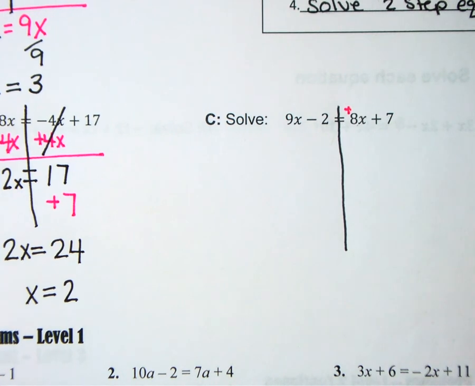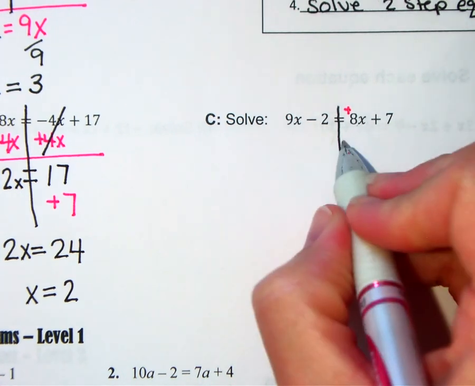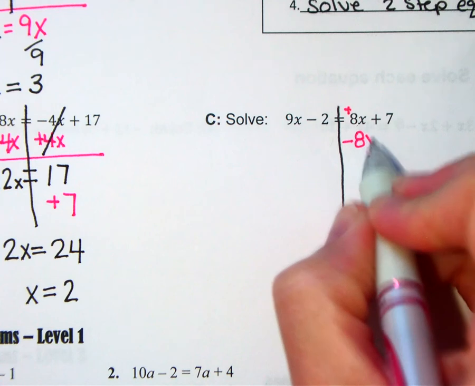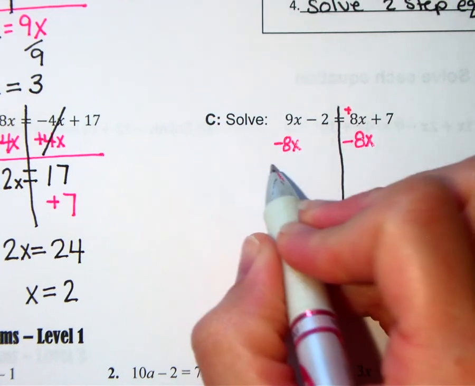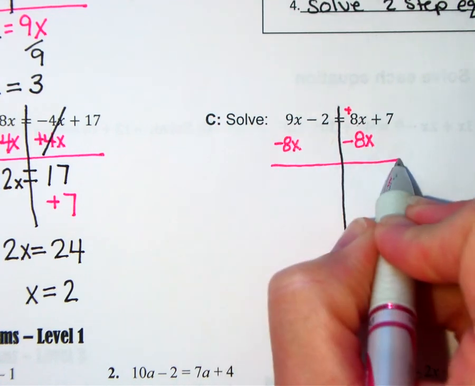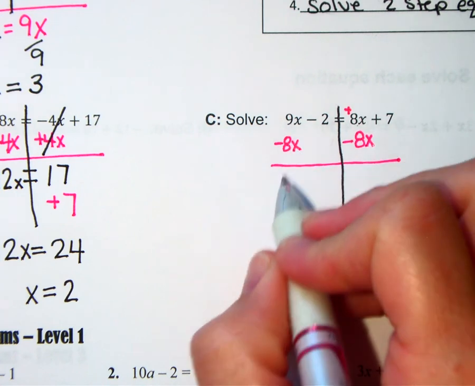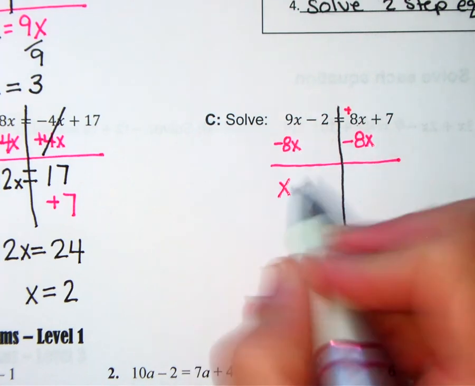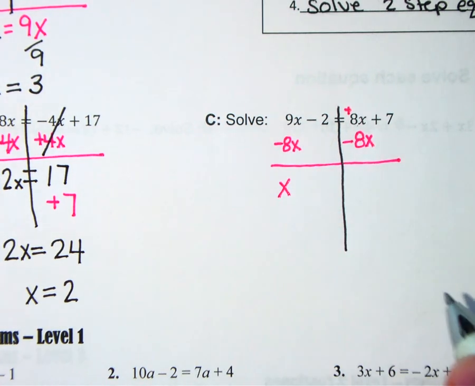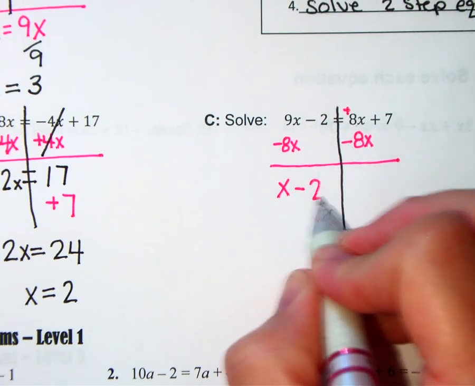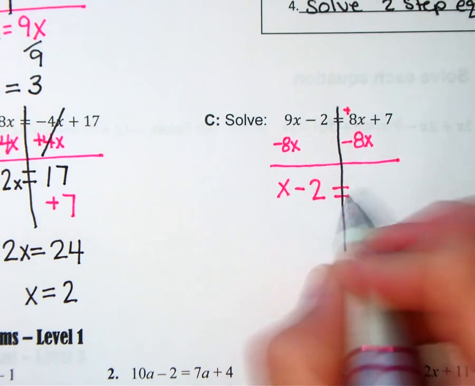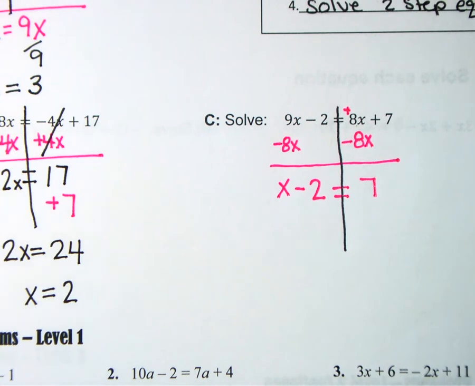So the opposite of positive 8x is minus 8x. So I've got 1x, which you actually don't have to put the 1 on the front there. 1x minus 2 is equal to 7.